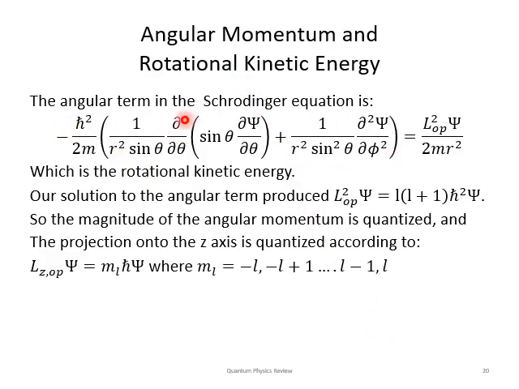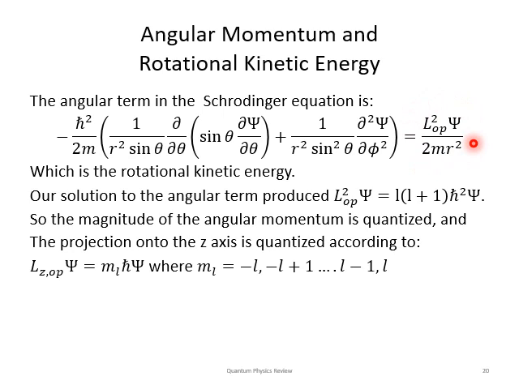Here's a reminder. The angular term in the Schrodinger equation is this bit here. I've brought back in the 1 over r squared from the original Schrodinger equation. And so we can rewrite this portion of the energy in the Schrodinger equation as the angular momentum operator squared operating on the wave function divided by 2m r squared, where r is the distance from the origin.